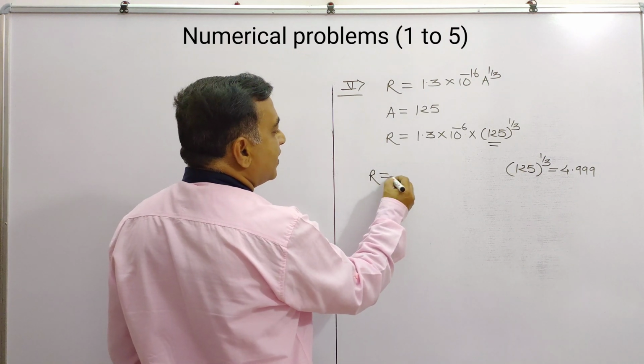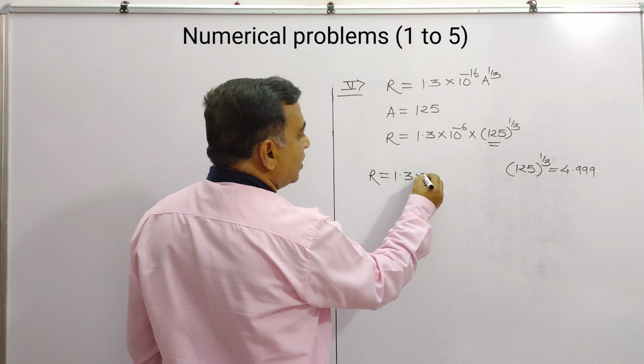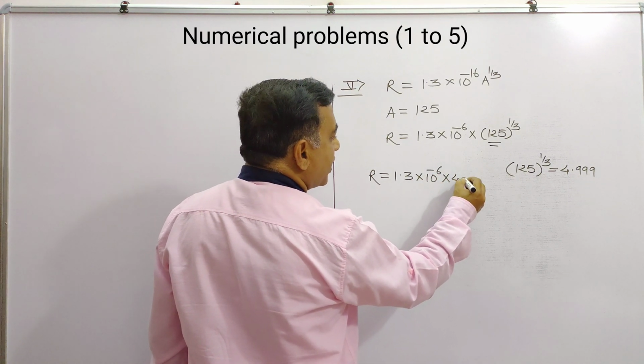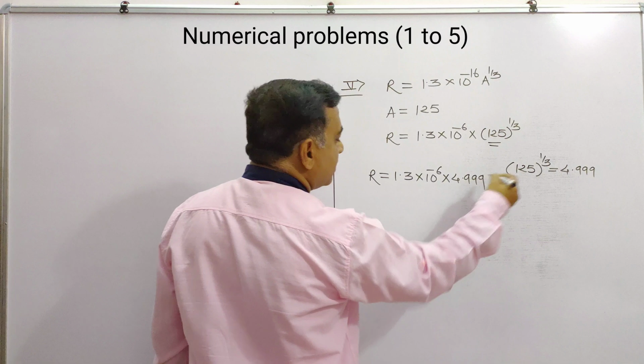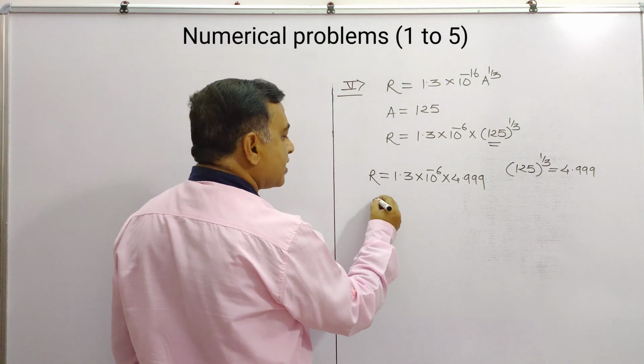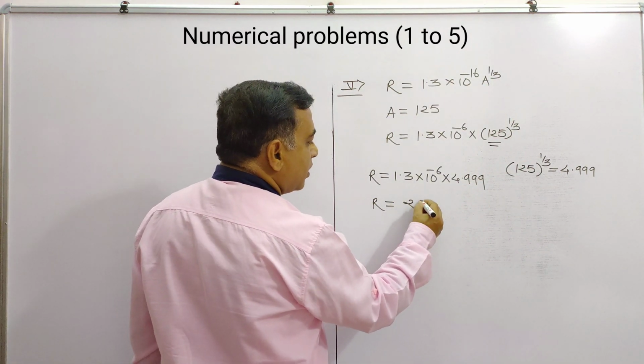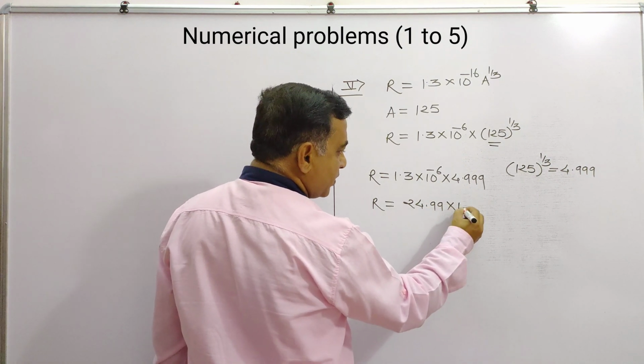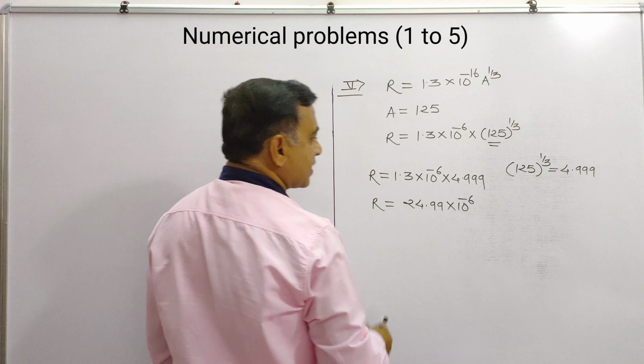So R is equal to 1.3 into 10 raised to power minus 16 into 4.999. If we solve this, it comes out to be 24.99 into 10 raised to power minus 16.